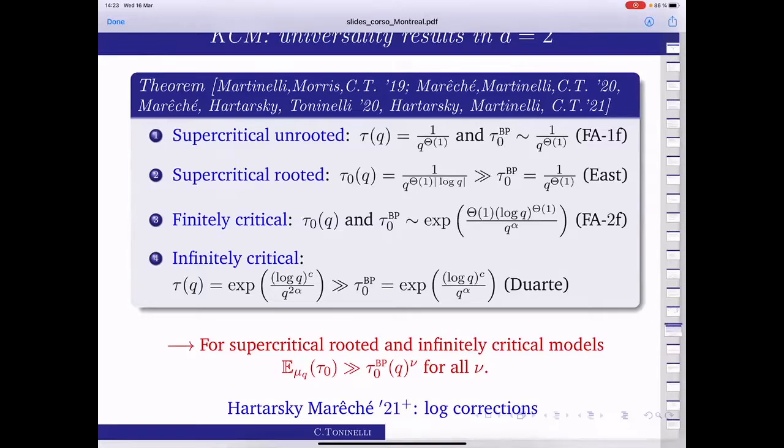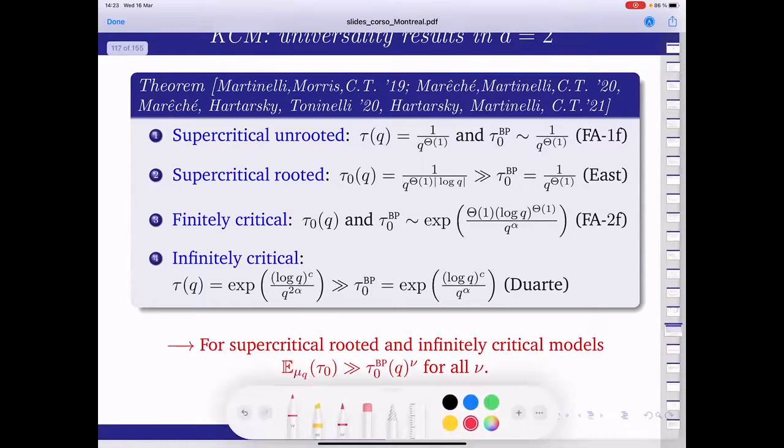So in particular, among the supercritical rules, which all give rise to an inverse power law behavior for the bootstrap infection time, there are two distinct classes. Those of unrooted models, which are those that do not have two non-opposite stable directions.